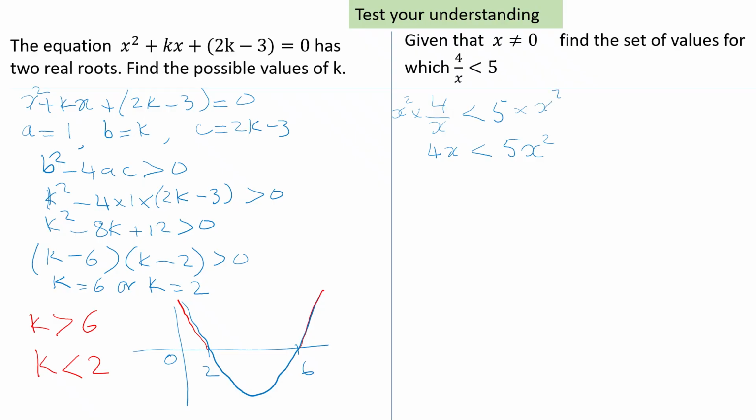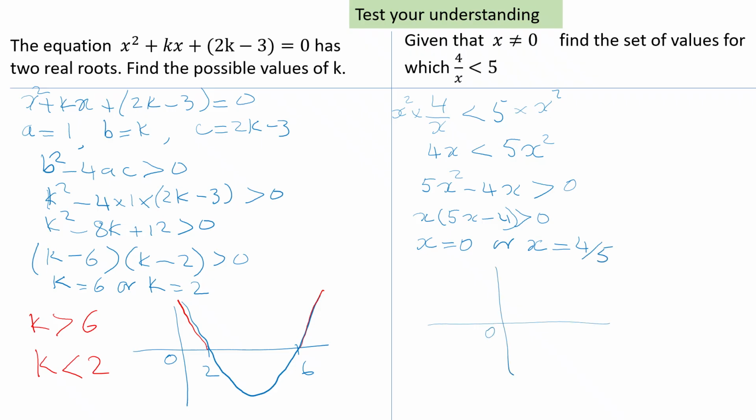Now rearrange this one. 5x squared minus 4x greater than 0. Factorize: x times 5x minus 4 greater than 0. So equal to 0, then x equals 0, or 5x minus 4 equals 0, then x equals 4 over 5. Mark this on a graph.